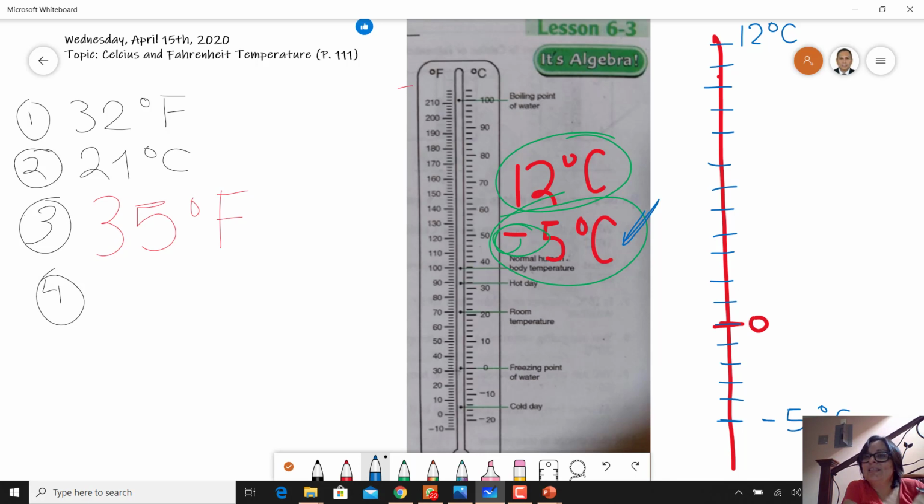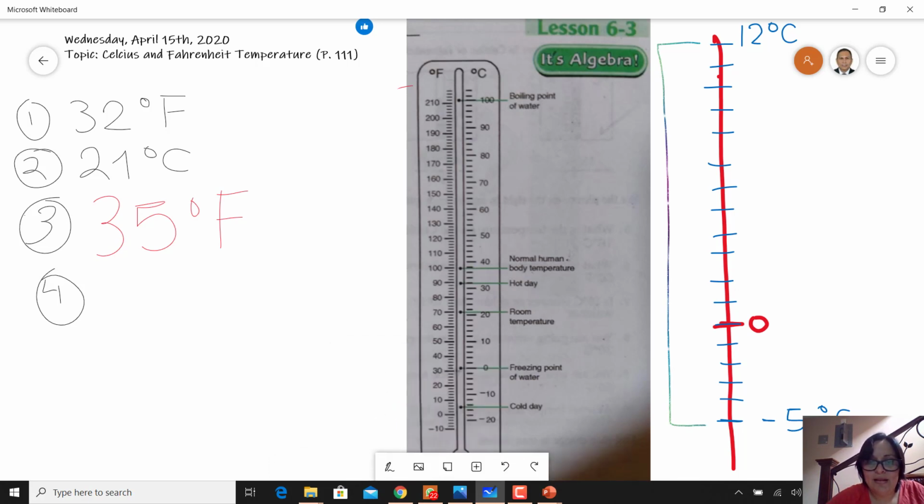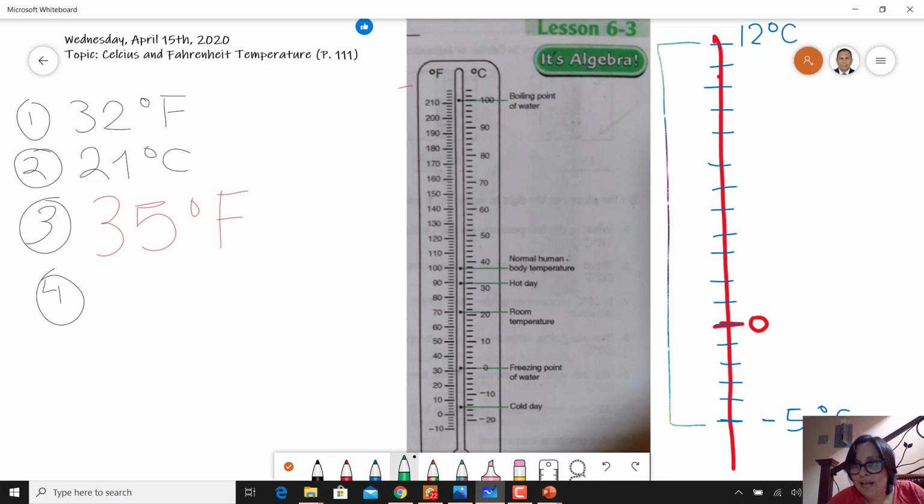So what is the difference between 12 and minus 5? How many degrees do we have in there? So let's count them. Let me choose another color of pen for you to be able to see it. We're going to use a green pen. So let's count from 12 to minus 5.